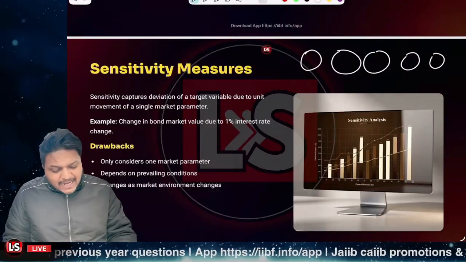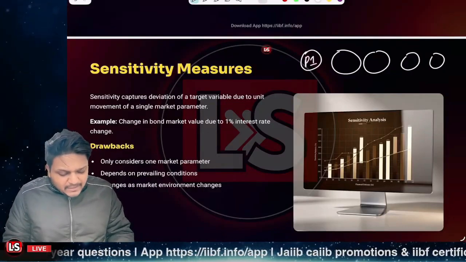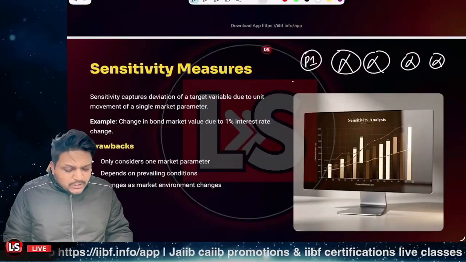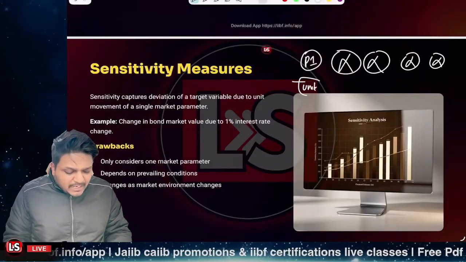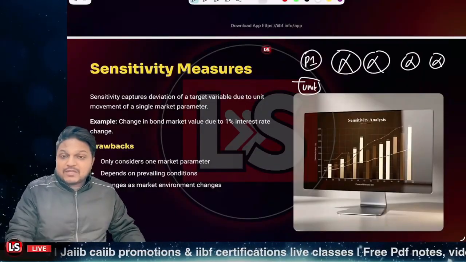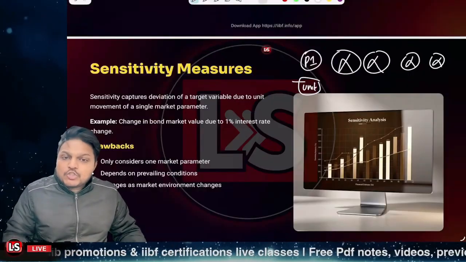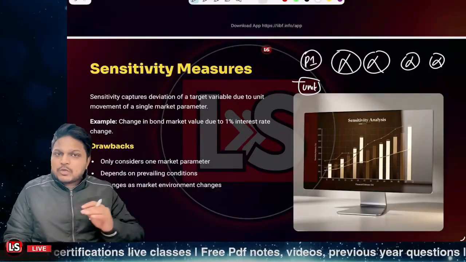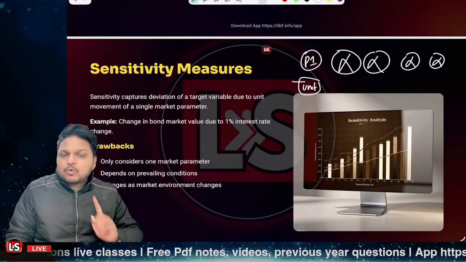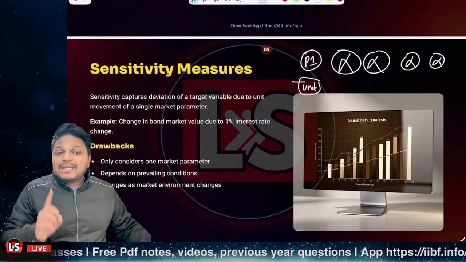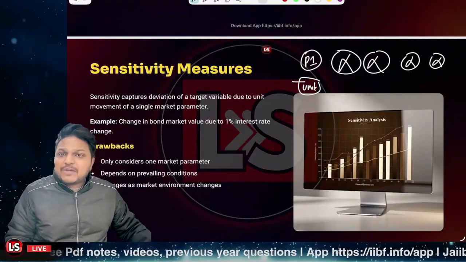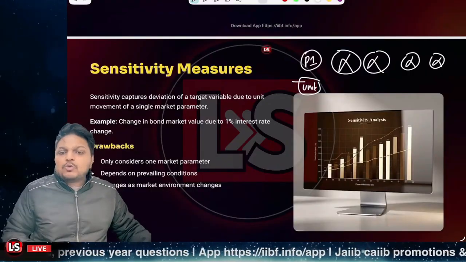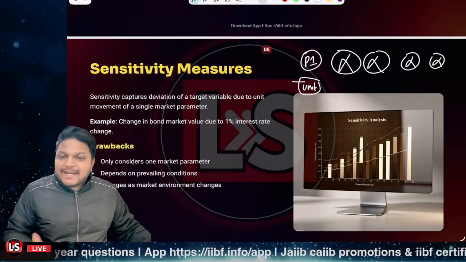Let's say I'm taking just one single parameter, not considering any other parameter, and I do a unit movement of this particular parameter, and then check the changes in my exposure. That is what? That is sensitivity. Let's take the case that I'll be looking into the factor of the interest rate only, that when one unit movement of the interest rate occurs, in that particular scenario, how is it going to react, that is what?